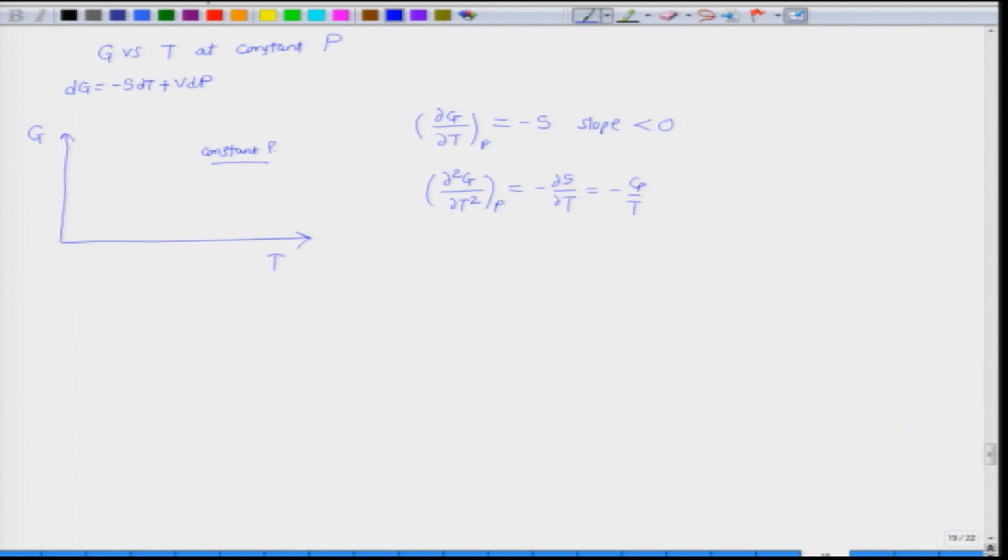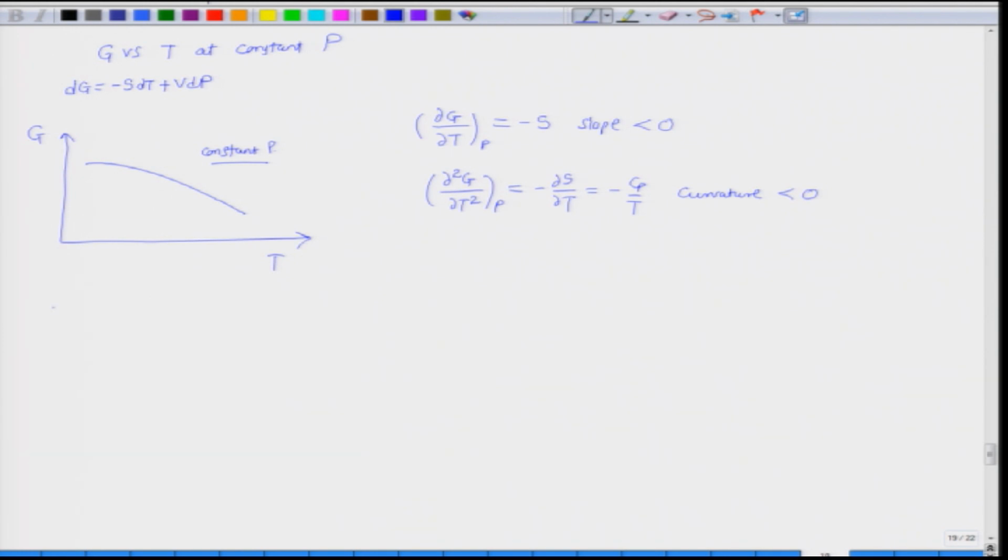So, temperature is always positive, and so the curvature should also be negative. So, schematically the plot will look like this. So, as the temperature increases, Gibbs free energy decreases. Gibbs free energy of a phase or of a system decreases with temperature.